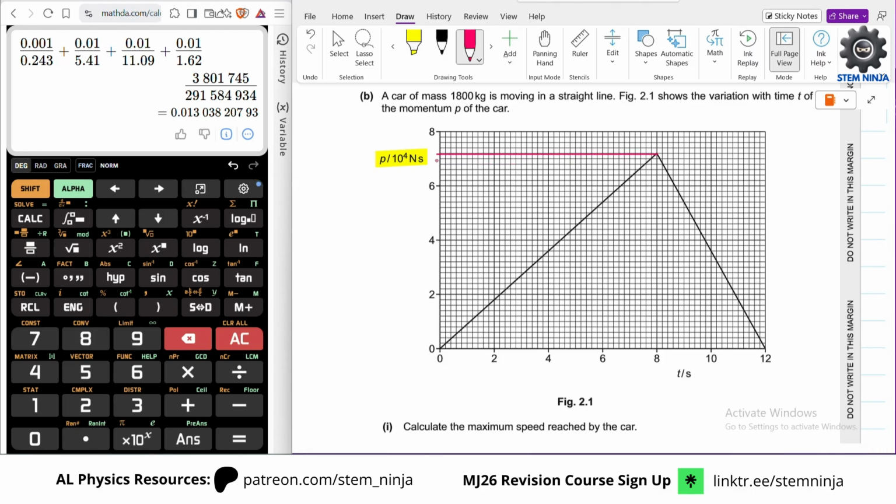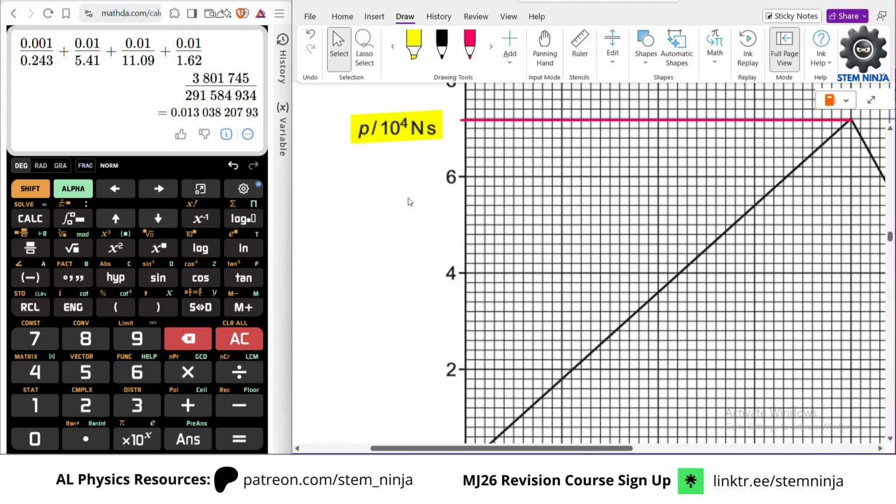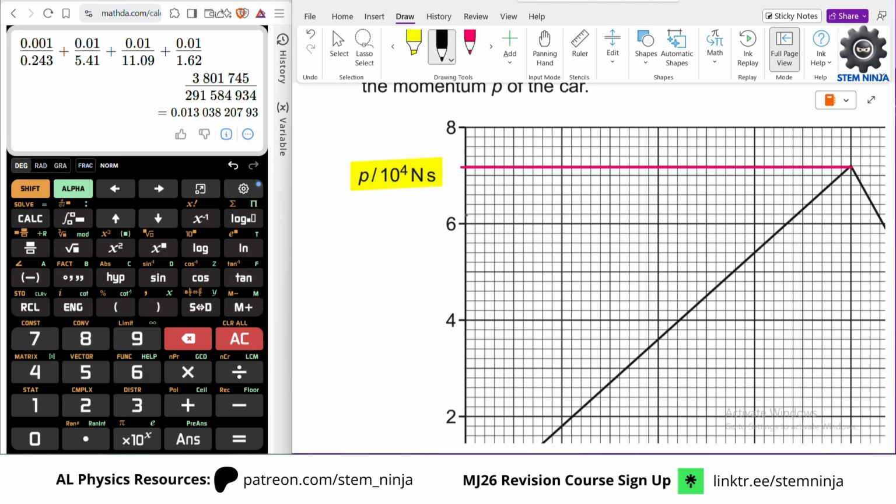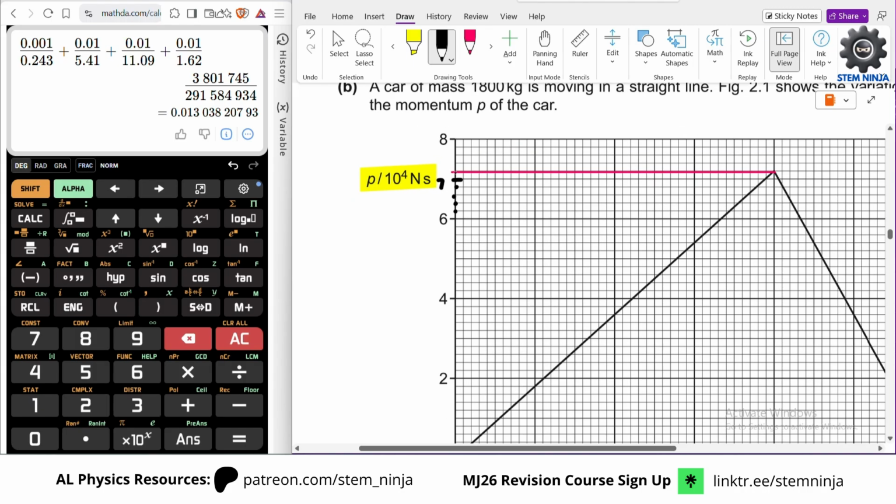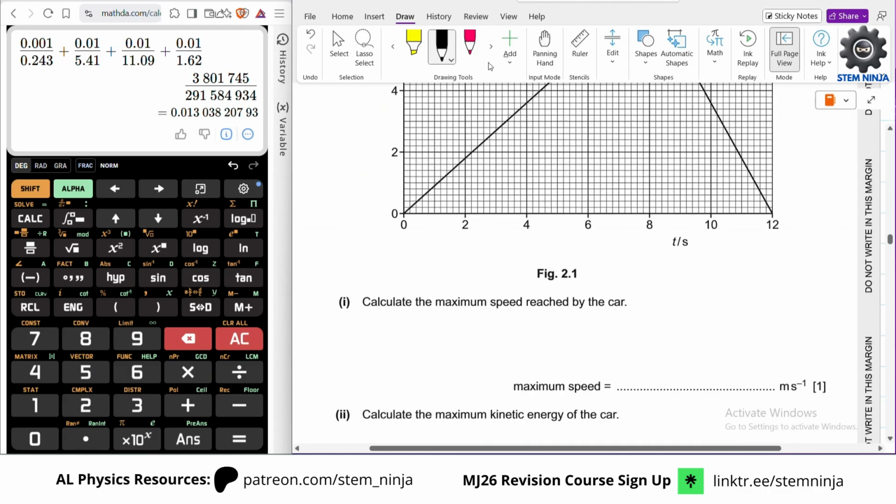Let's zoom in and see. 1, 2, 3, 4, 5. This is 7, and this would be 7.2. So max momentum.